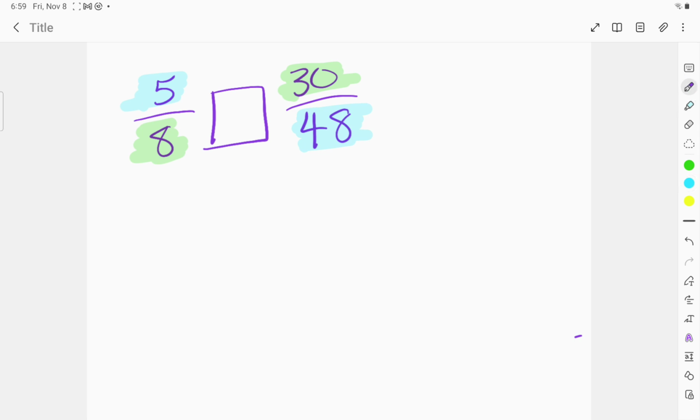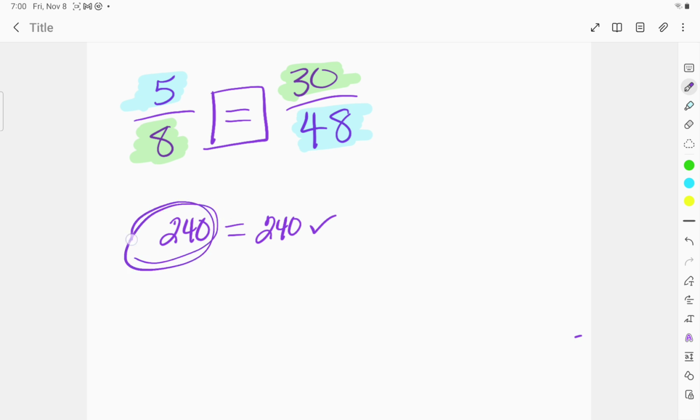You start with your 5 and your 48. So 5 times 48 is 240. Then we're going to say equals 8 times 30, which is also 240. So these are equal. In the box, you will put equal.